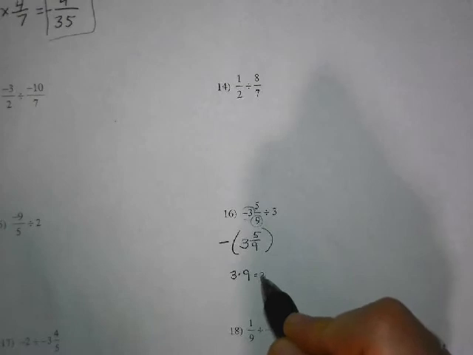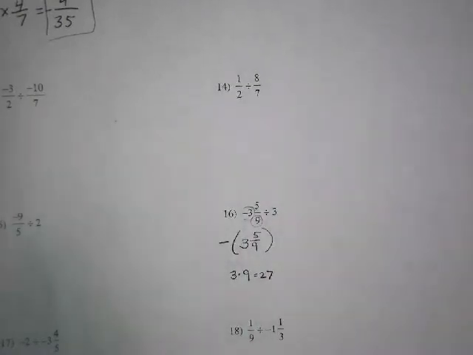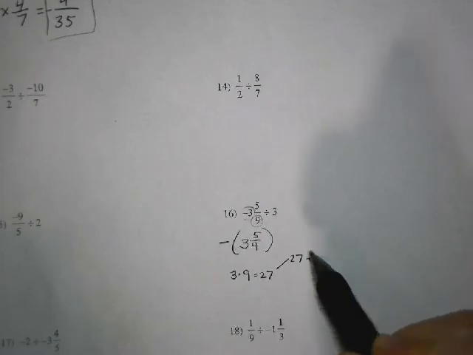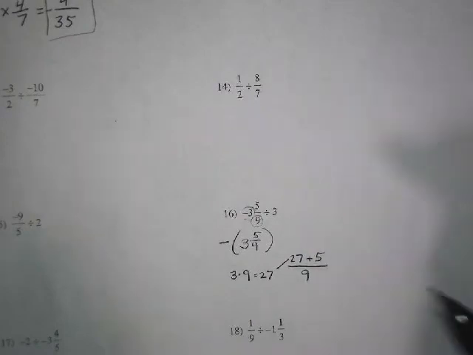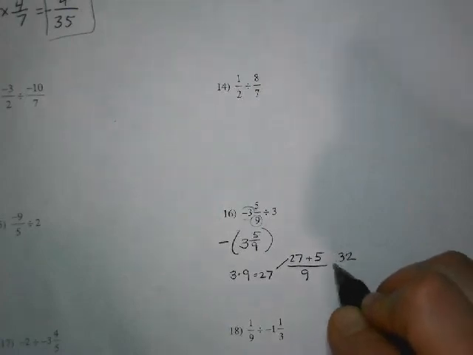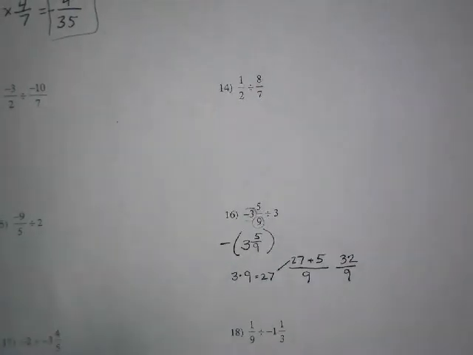And that equals 27. And so maybe a good way to visualize it, you bring 27 up to the numerator, you do 27 plus 5. And you keep the denominator the same, 9. 27 plus 5 is 32 over 9.